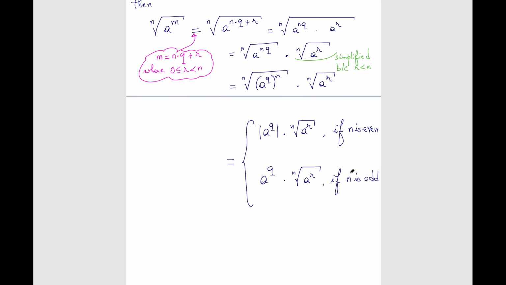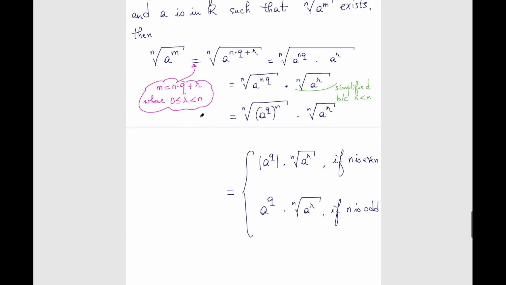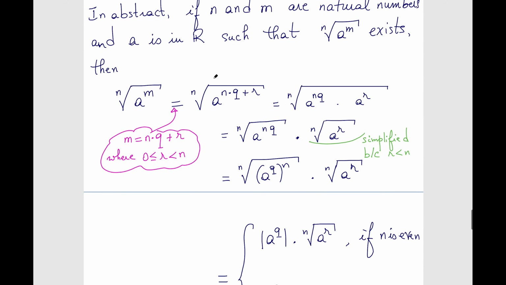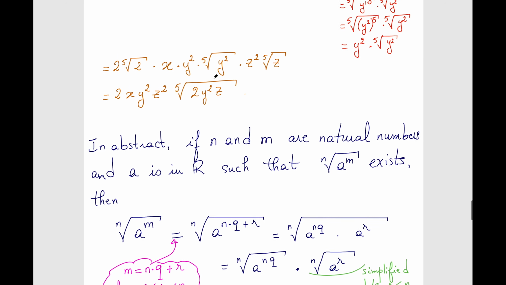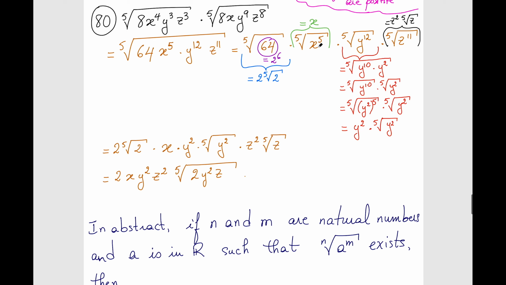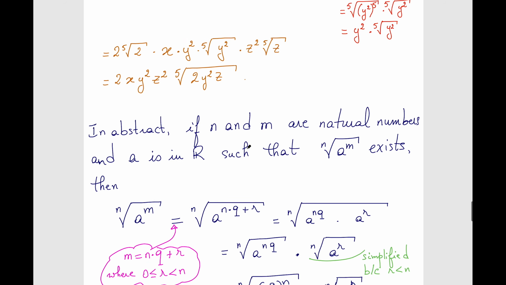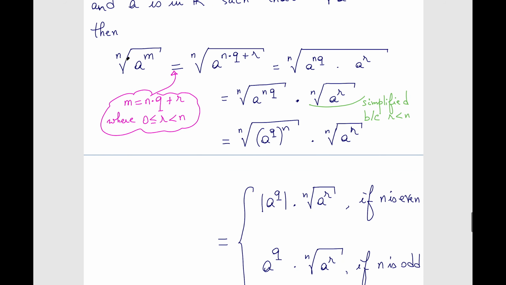So this is what we've been doing. This is the abstraction of the process. You can revisit earlier examples and replace m and n every time by the appropriate ones. How about we do just one? How about the 5 and the 12? If n is 5 and m is 12, this becomes 12 equals 5 times 2 plus 2, right?